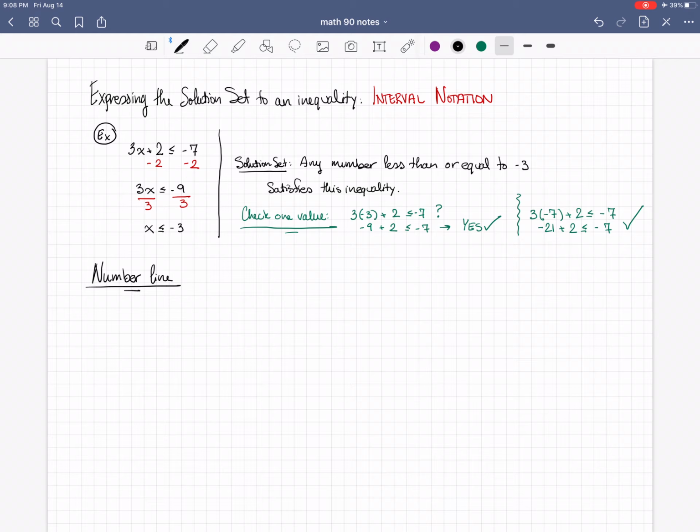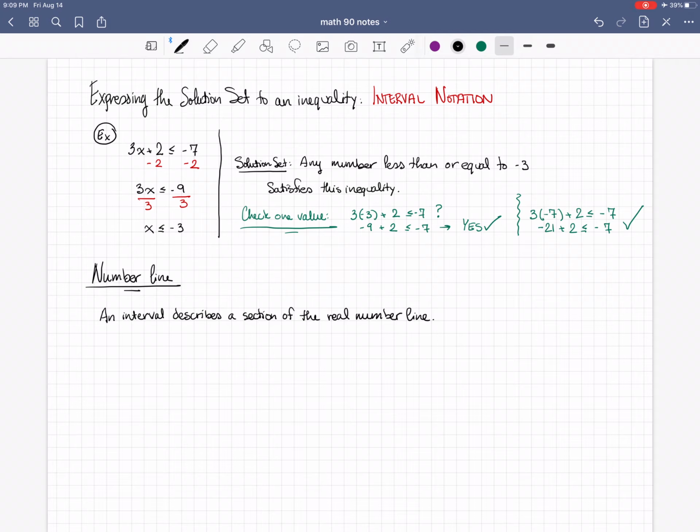An interval describes essentially a section or a piece of the real number line. So it's entirely possible that you've worked with interval notation a little bit before, but this is going to serve as a quick review.